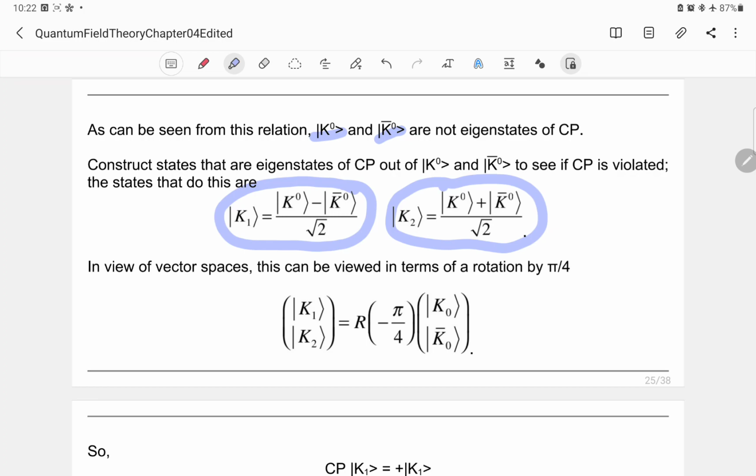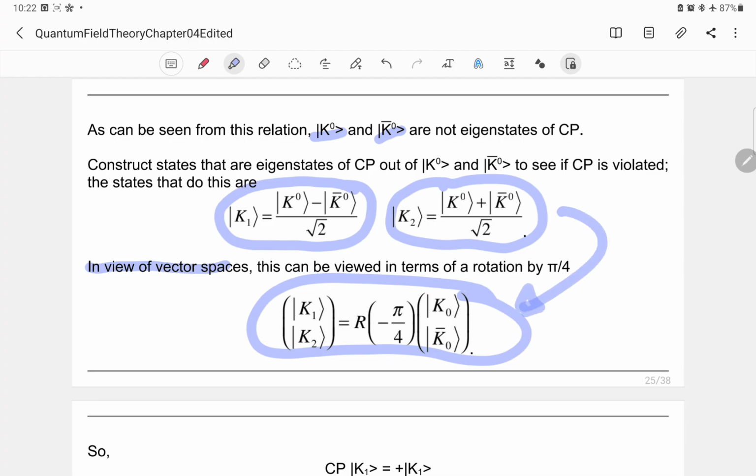These are normalized combinations of the neutral K meson and the anti-K neutral K meson. If you do vector spaces, then you can also write these two into this one.